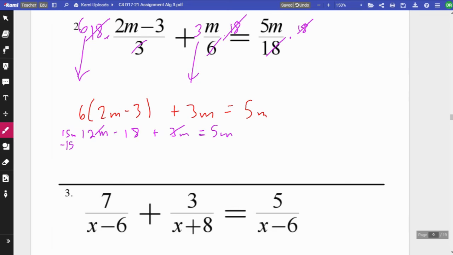And so minus 15m. So we get just a negative 18 equals a negative 10m. Divide. And our answer is 1.8.